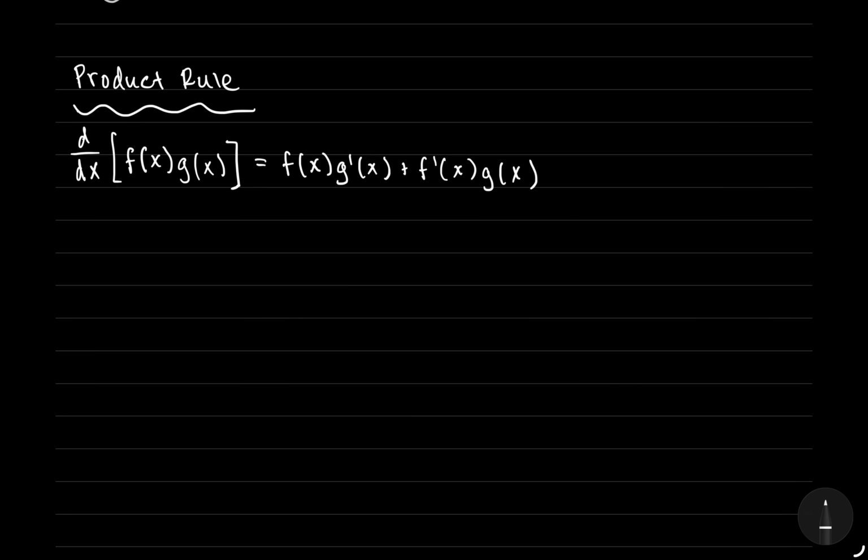Okay, let's break down what this means. For starters, the prime notation you see here with the little almost apostrophe sign just means derivative of.